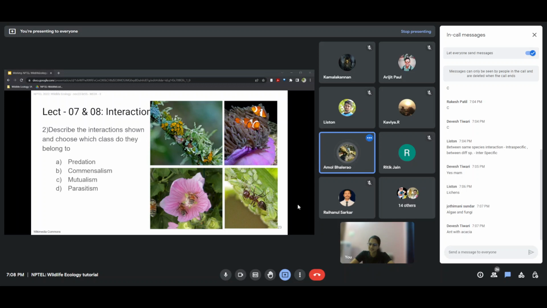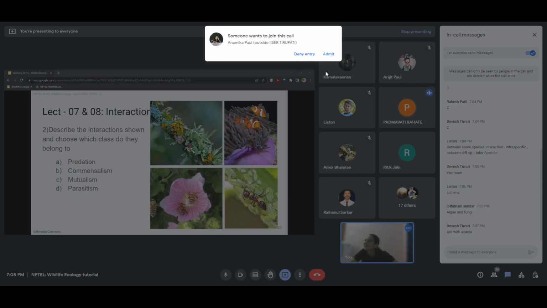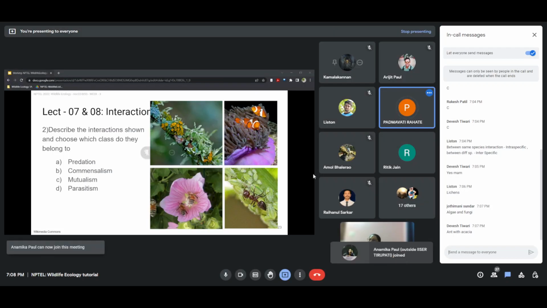Yeah, right. Who is this? Padmavati. Yeah, thanks, Padmavati. So actually, as Padmavati says, both are benefited. Why are both benefited?